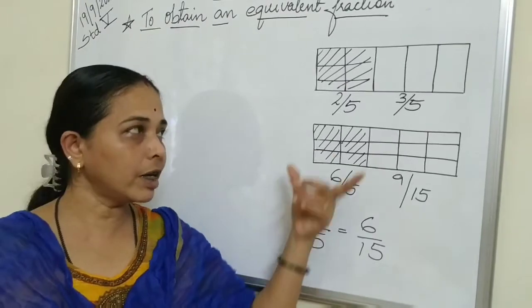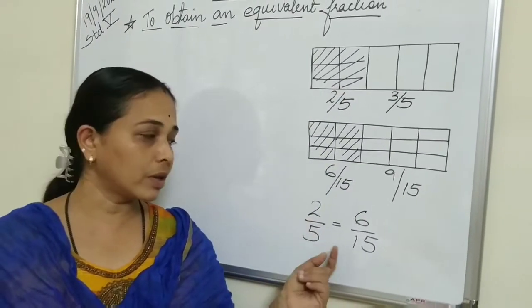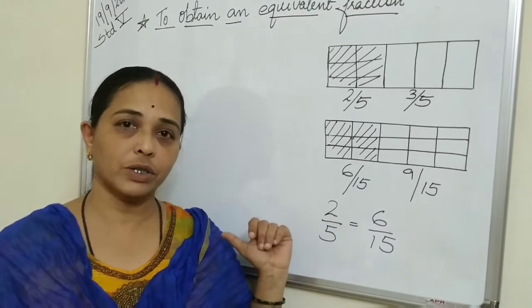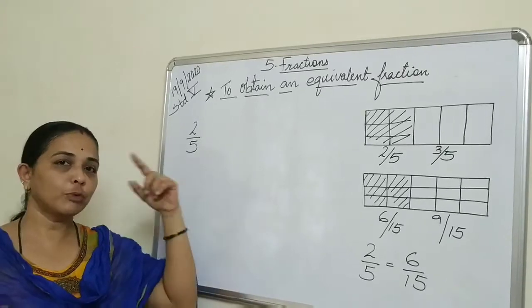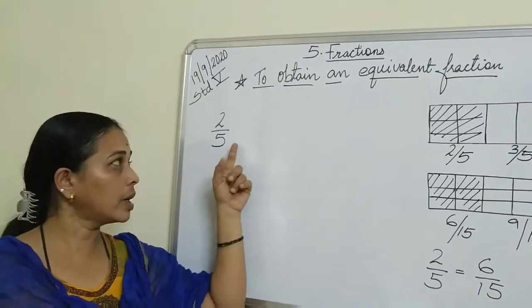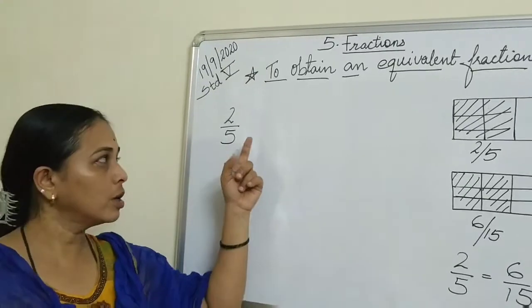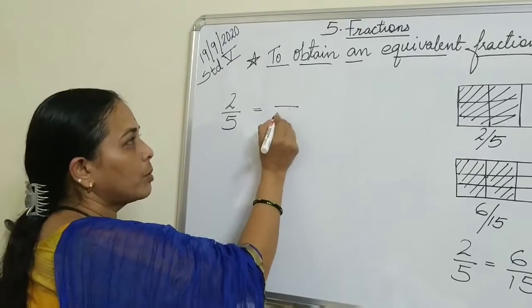Now we'll see if no Cadbury examples are given, only numbers are given, then how to get the equivalent fraction. Okay, let's see. Suppose you have been given 2 upon 5 and you are asked to find an equivalent fraction with denominator 15.